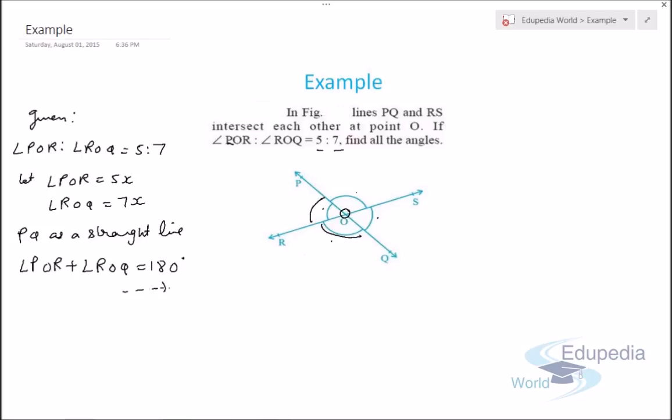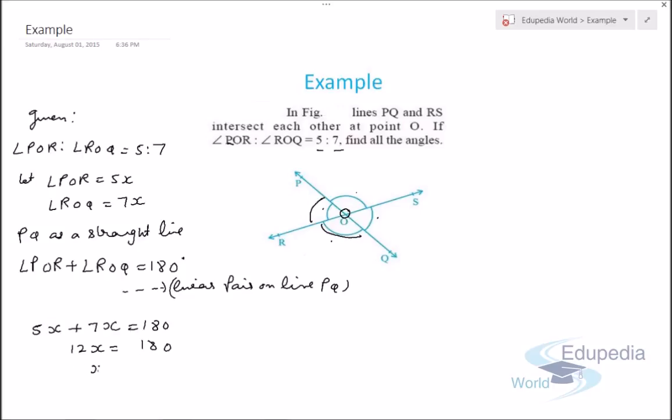Why? Because they make a linear pair on line PQ. So angle POR is 5x, angle ROQ is 7x, so 12x equals 180.